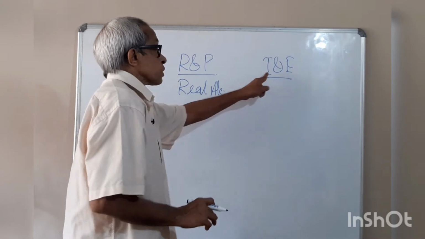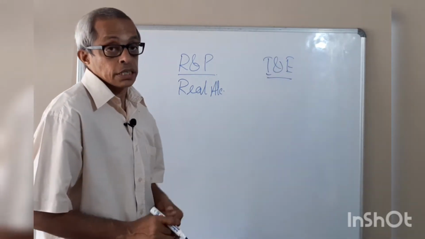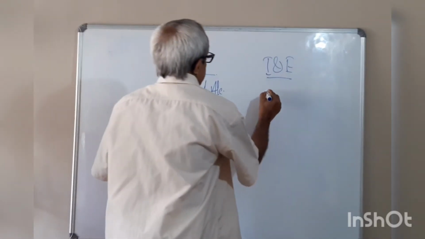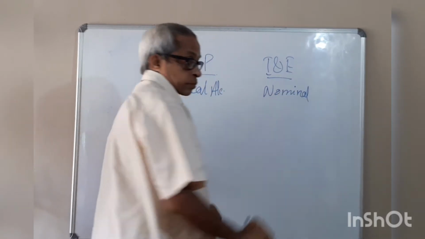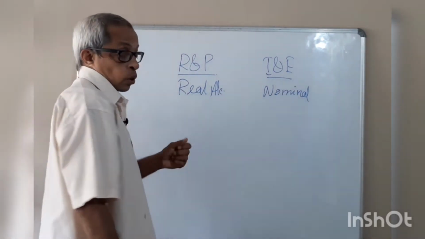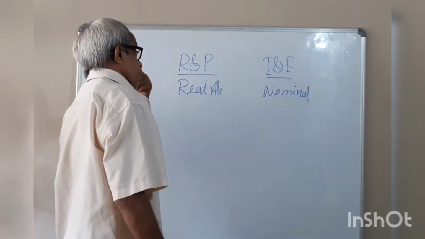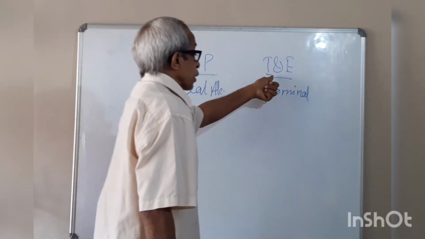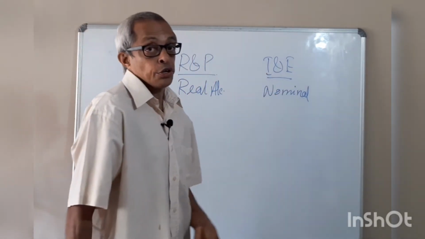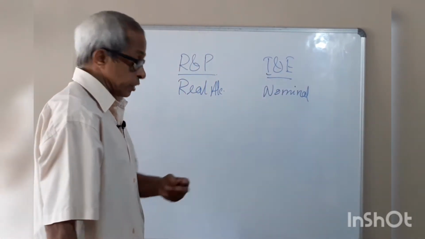But as far as an income and expenditure account is concerned, it bears nominal account nature. So receipts and payments account bears a real account nature, and income and expenditure account bears nominal account nature.